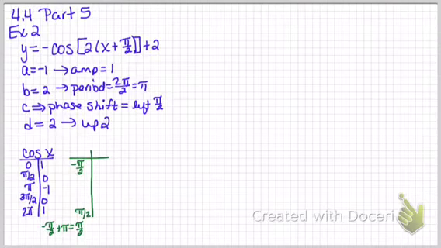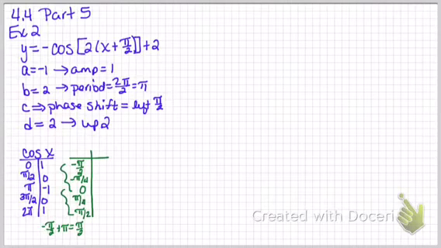And I know that the middle value here is halfway between them, which is 0. And the middle value between these two would be negative pi over 4. Remember, add them together, divide by 2. And the middle value here would be positive pi over 4. Again, add the endpoints together, divide by 2.